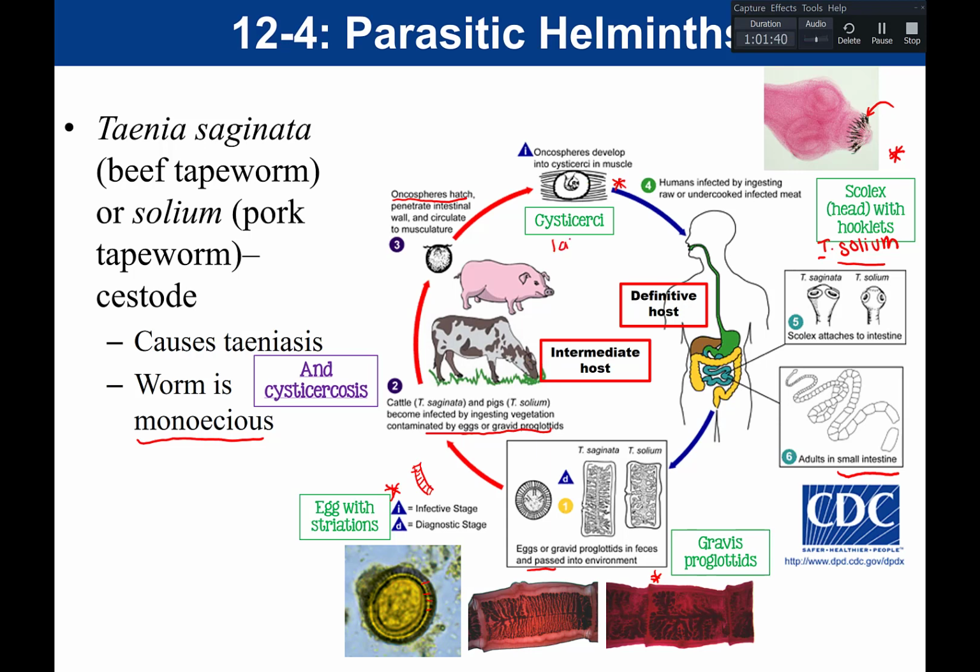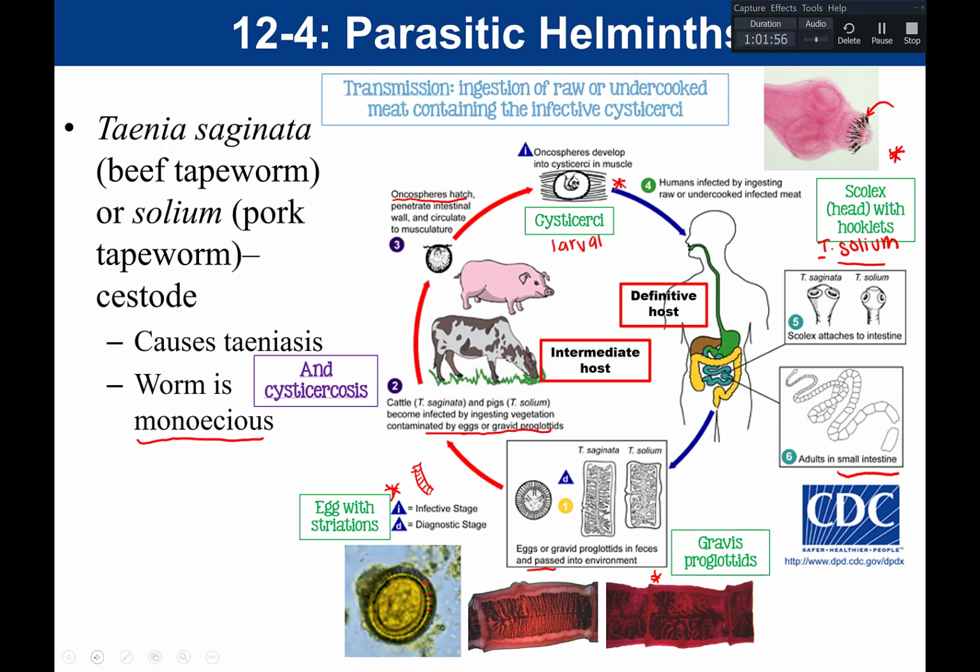This is the larval stage. So the cysticercus is the larval stage, and it can survive for several years in the animal. Now, the way that humans become infected is through ingestion of raw or undercooked meat containing the infective cysticerci.